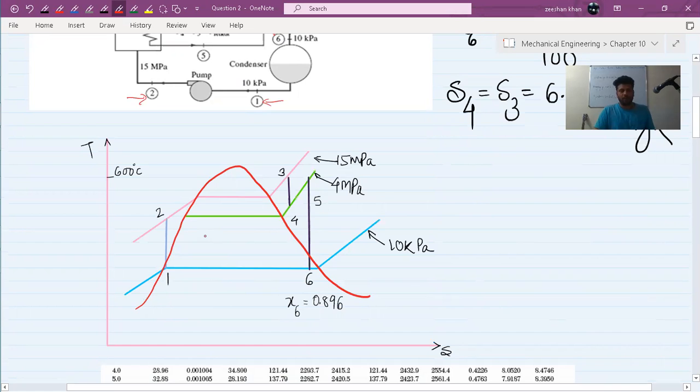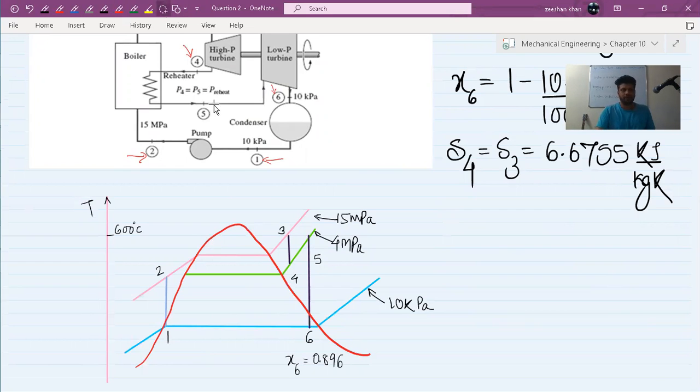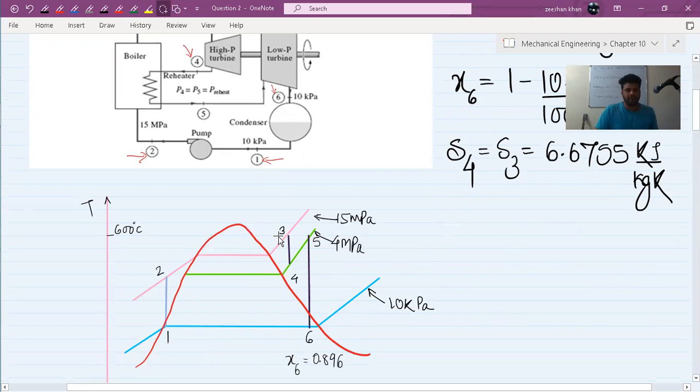So the TS diagram is somewhat like that, and the third state and the fifth state are at the same temperature.